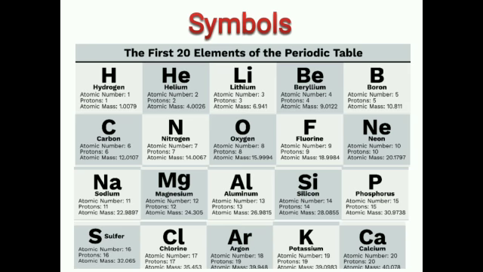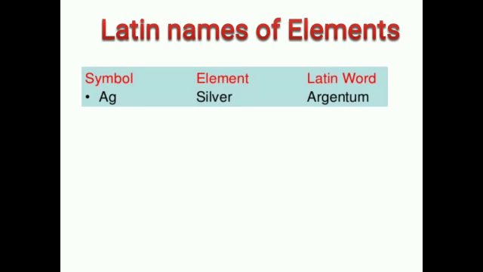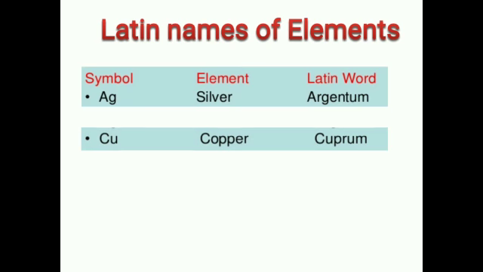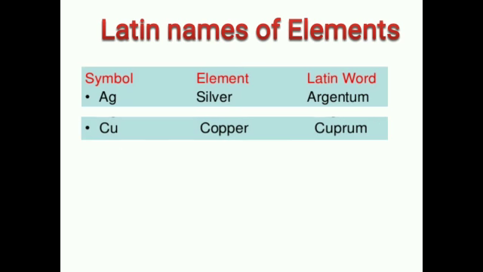Have you got it? Now I will tell you about the Latin names of elements. Ag is the symbol of silver, and the Latin name of silver is argentum. And Cu is the symbol of copper, and the Latin name of copper is cuprum.